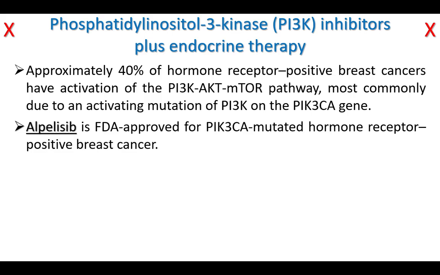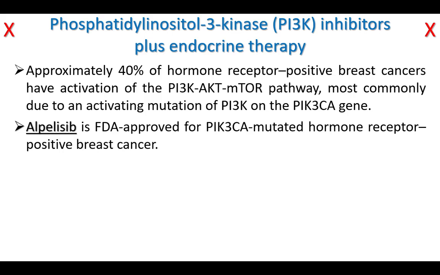So some breast cancer tissues have this receptor, part of which is mutated, and the gene which is mutated is PIK3CA, and it is involved in the PI3K pathway. PI3K is phosphatidylinositol 3 kinase, and it stimulates AKT, which stimulates mTOR.